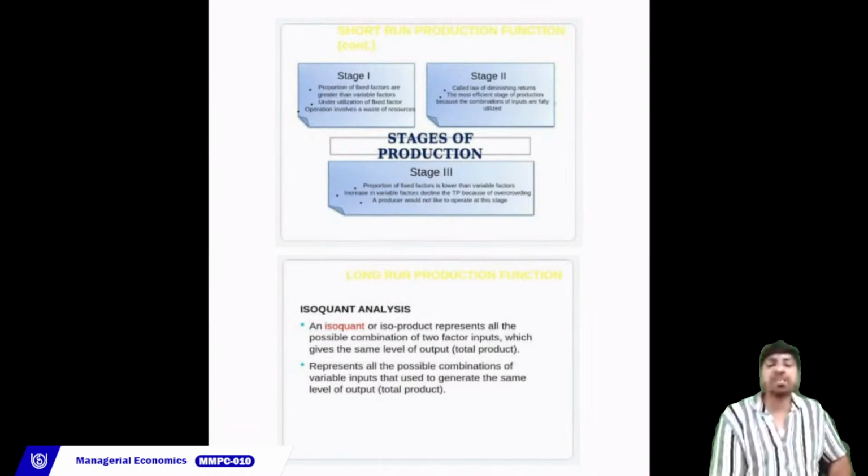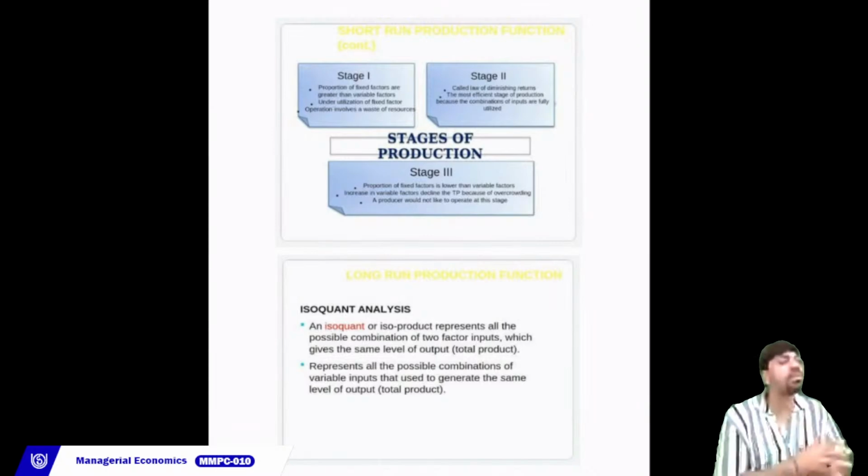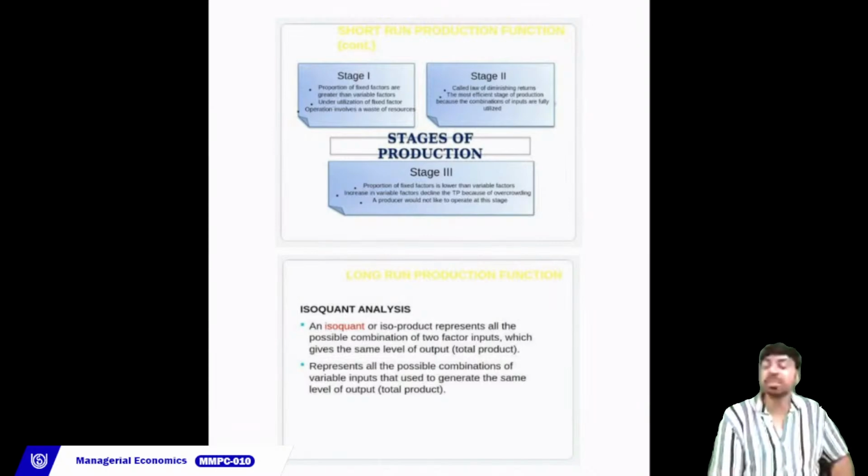Isoquants refer to all those possible combinations of two inputs, namely labor and capital, that produce the same level of total output. In other words, such a curve is also called an isoproduct curve.